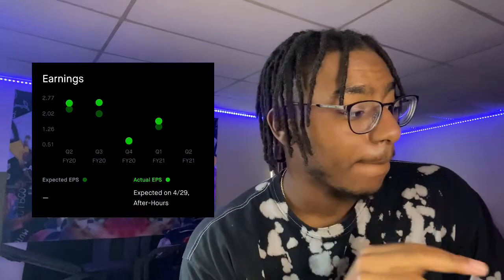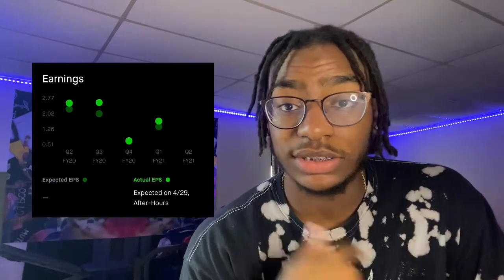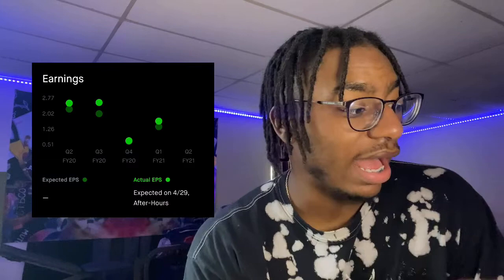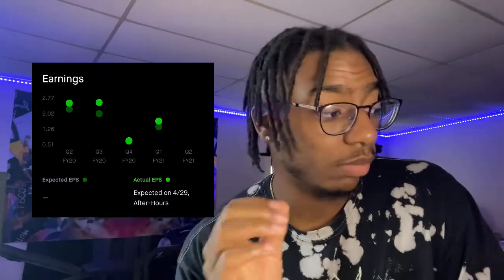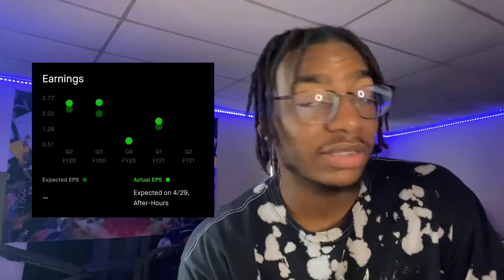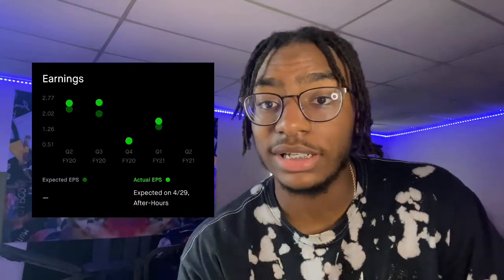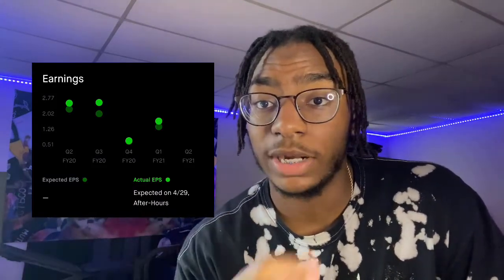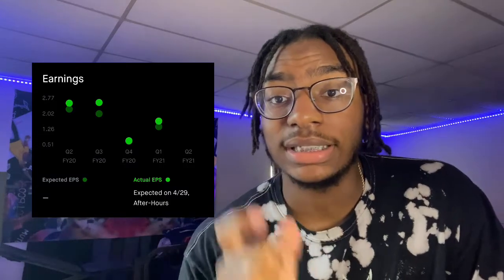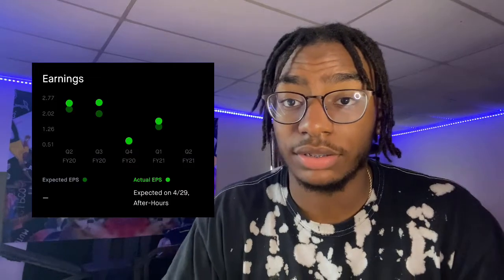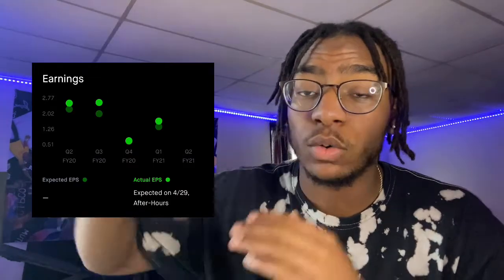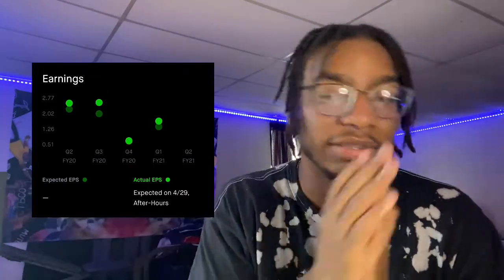They have the estimated, which is the dark green dot, and the light green dot, which is the actual earnings. The estimates are made for each quarter of the year. So we'd like to see that the actual earnings per share beat or exceed the estimated earnings per share.